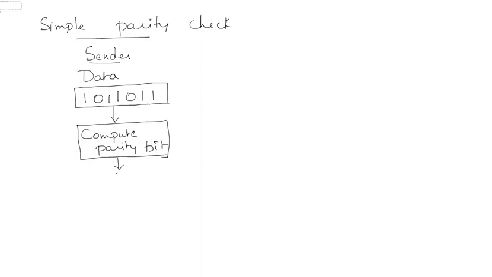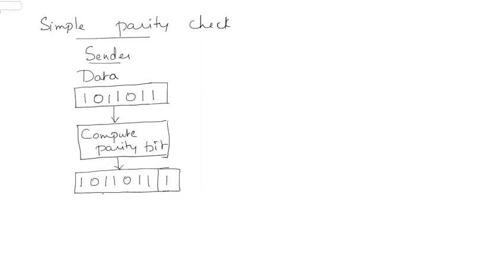Suppose we are using even parity. Now count the number of ones here: 1, 2, 3, 4 and 5. So an odd number of ones are there. According to even parity, the extra redundant bit which is to be added is 1. So the transmitted data is 1, 0, 1, 1, 0, 1, 1, and along with this, put one extra 1, which is the redundant bit.